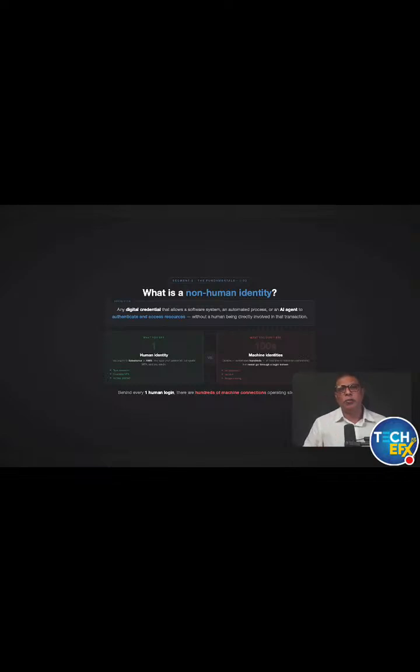Think of it this way: when you log into your company's Salesforce or AWS console, that is a human identity. You type your password, you complete MFA, and you are logged in. But behind the scenes, there are dozens, sometimes hundreds of machine-to-machine connections happening that never go through a login screen.